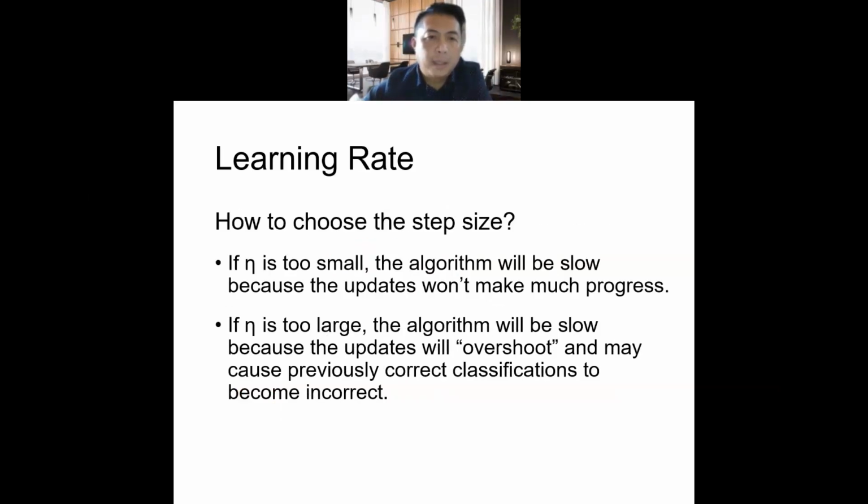But when choosing the step size, if the learning rate is too small, the algorithm will be slow because the updates won't make much progress. If the learning rate is too large, the updates will overshoot and may cause previously correct classifications to become incorrect. It means they will not find the best one.